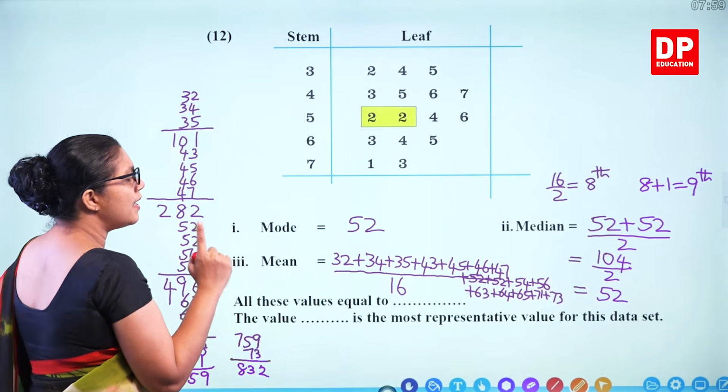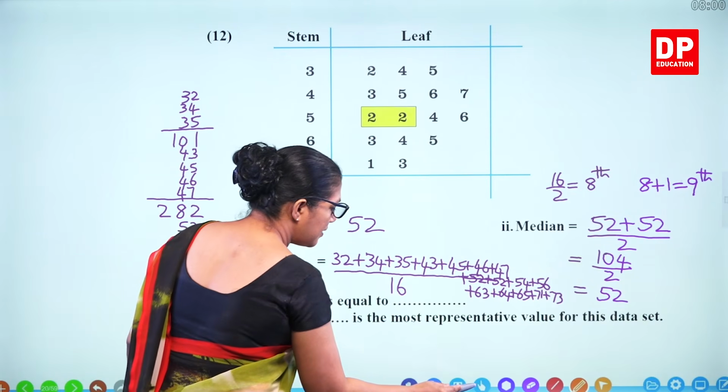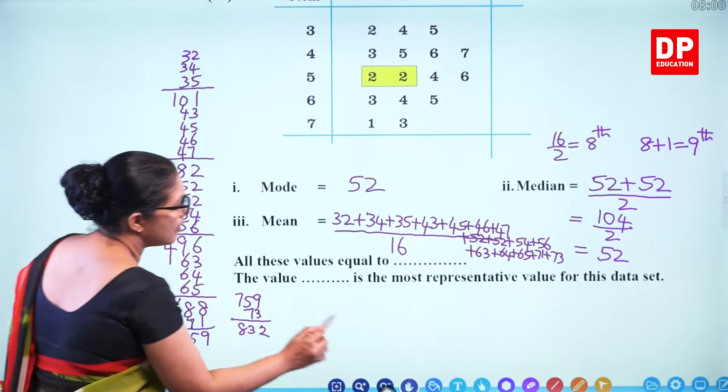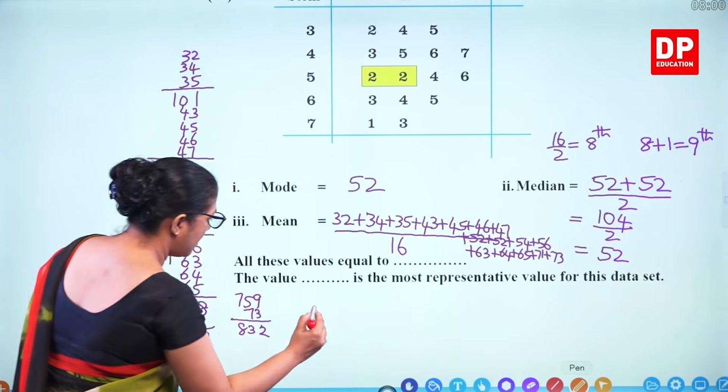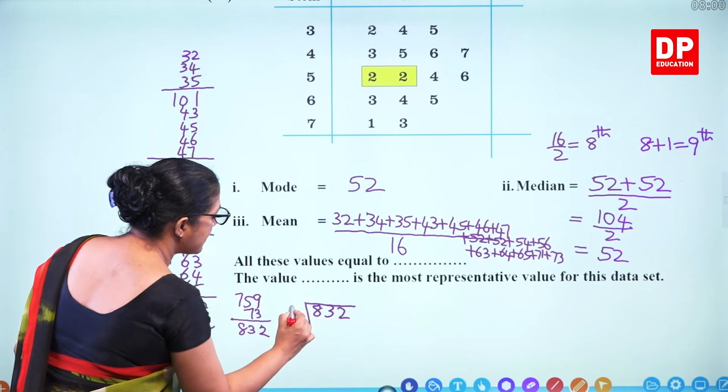So we'll do the division also here. 832 divided by 16.